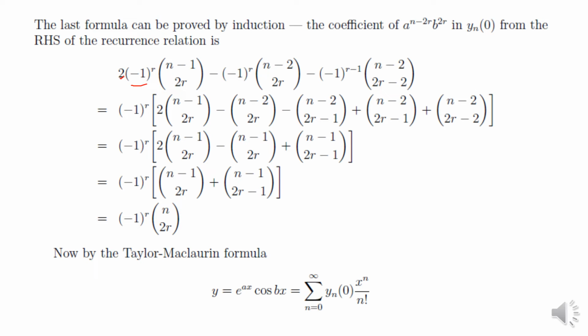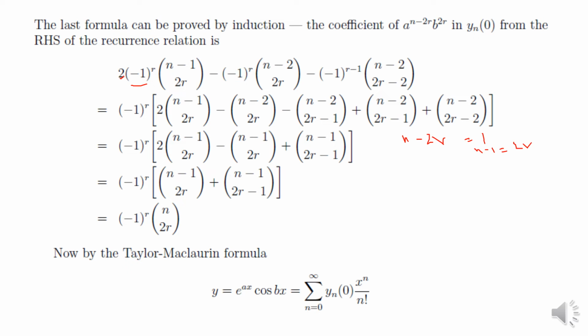So a to the power n minus 2r is equal to a in the first term. It means n minus 2r is equal to 1. We can write n minus 1 is equal to 2r.